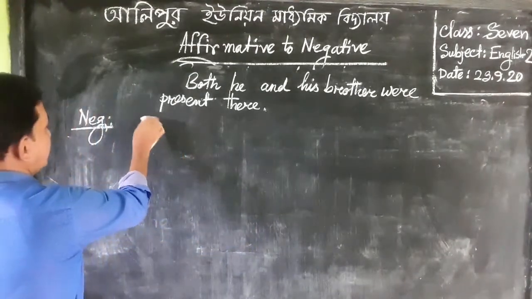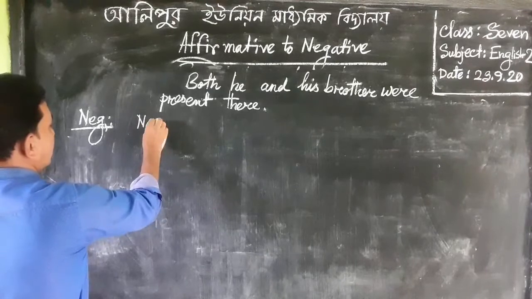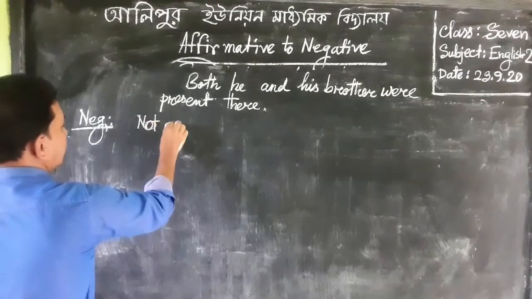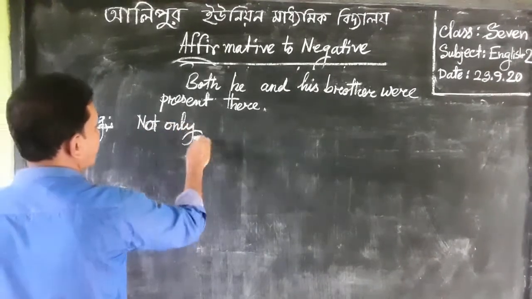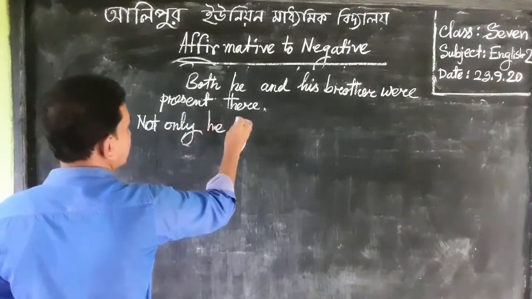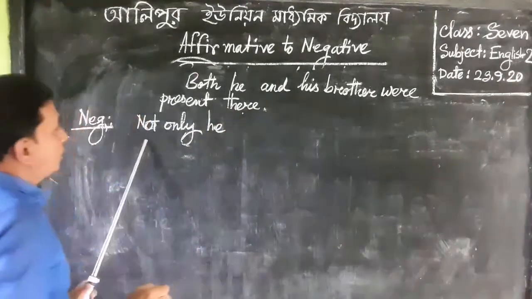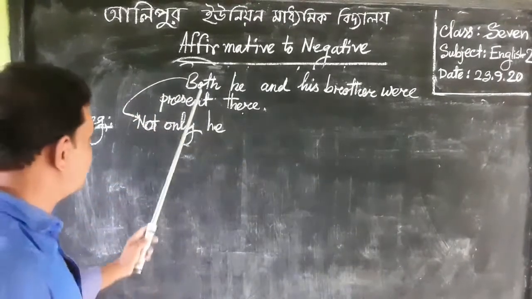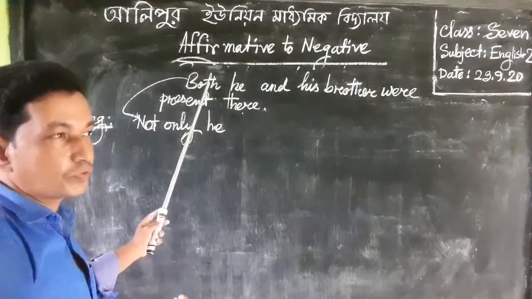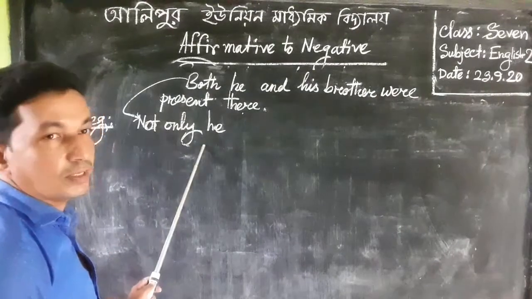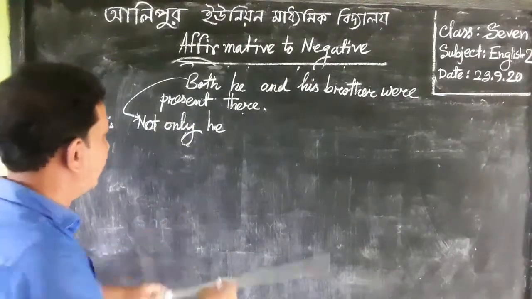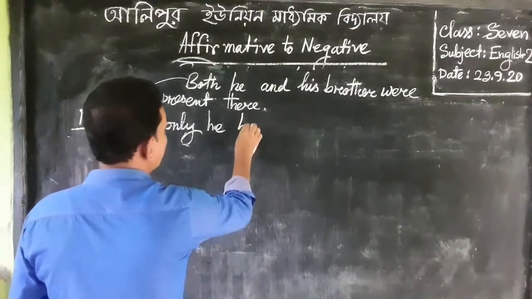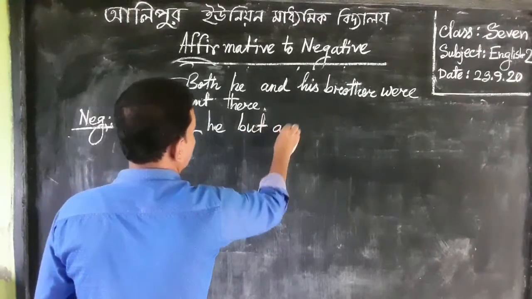So we can write here not only he, not only he instead of both. Okay, dear learners, both should be changed into not only, and then and change into but also.